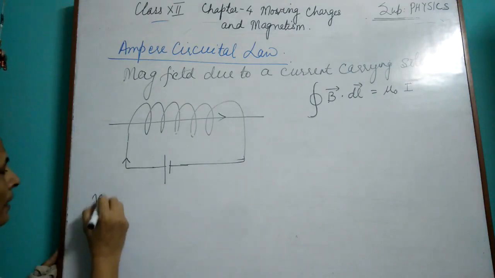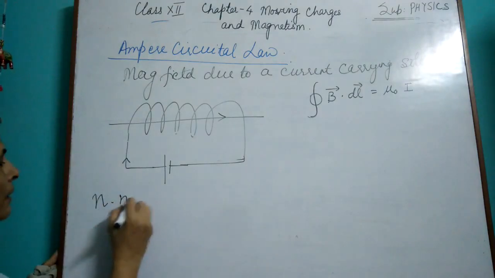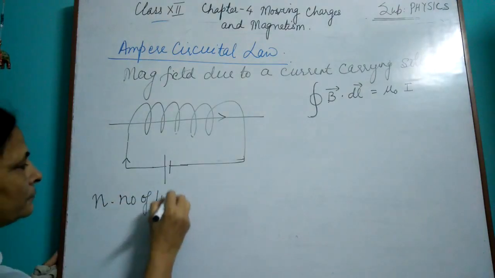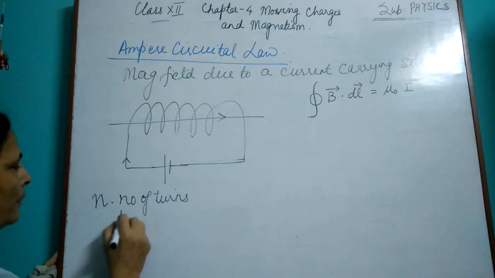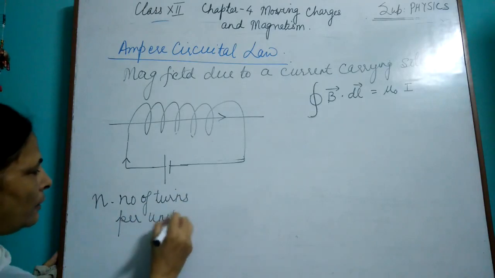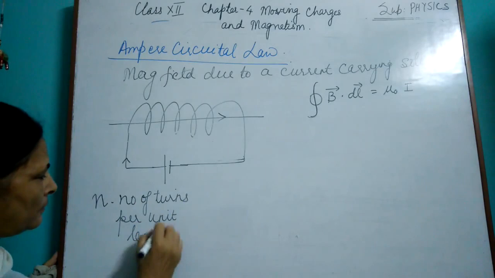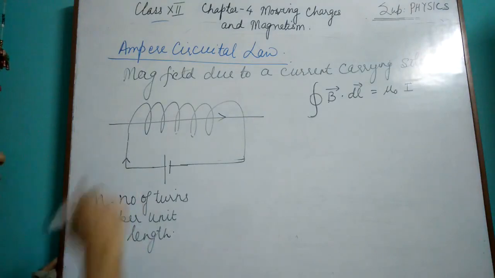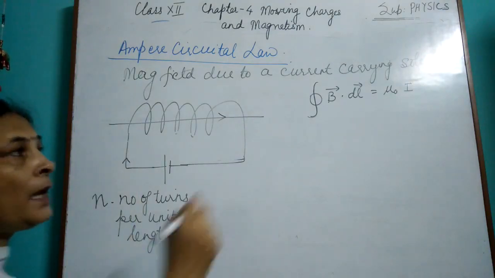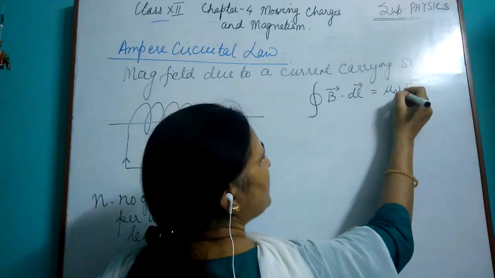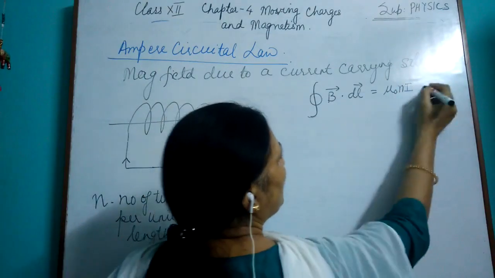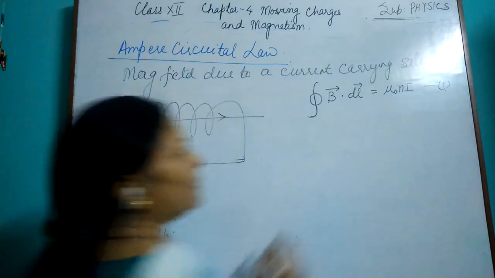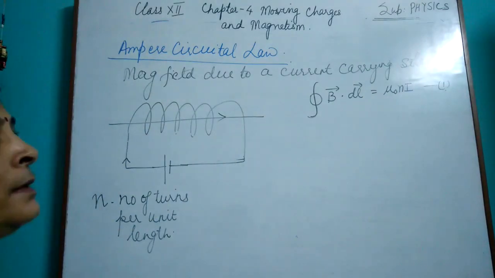Let N be the number of turns per unit length. Then the total current threading through the circuit will be NI. So my expression will become equation number 1. Integral B·dl is equals to mu naught NI.